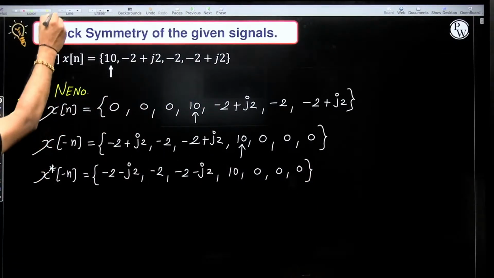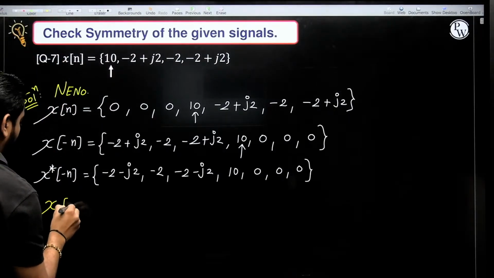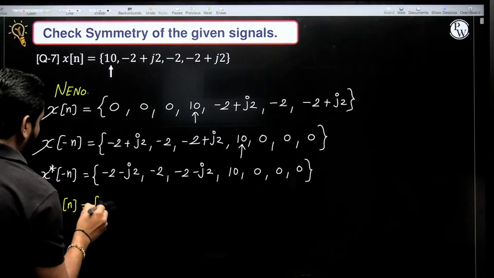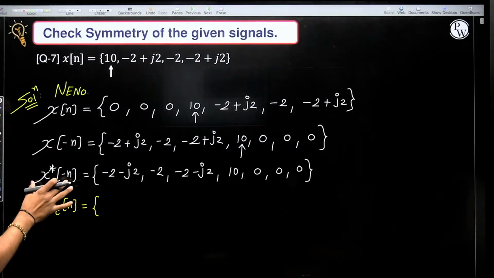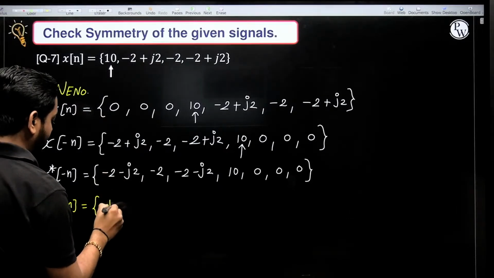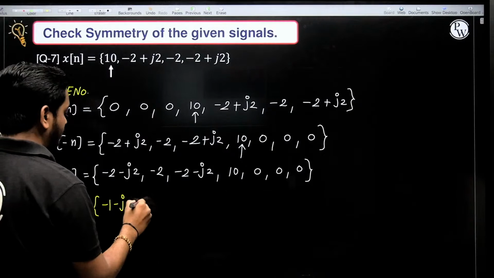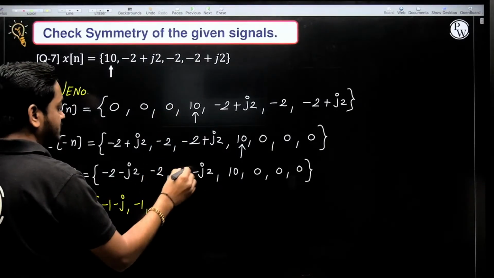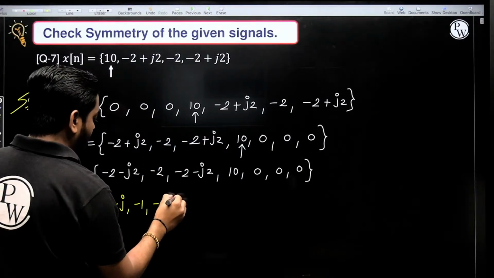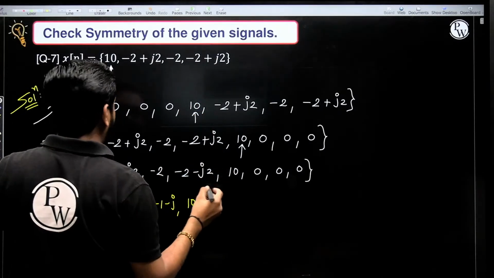Now you can find its even part and odd part. For even part, x of n plus x conjugate of minus n divided by 2. So 0 plus this divided by 2, that is minus 1 minus j. 0 plus this divided by 2, that is minus 1. 0 plus this divided by 2, that is minus 1 minus j. 10 plus 10 divided by 2, 10.